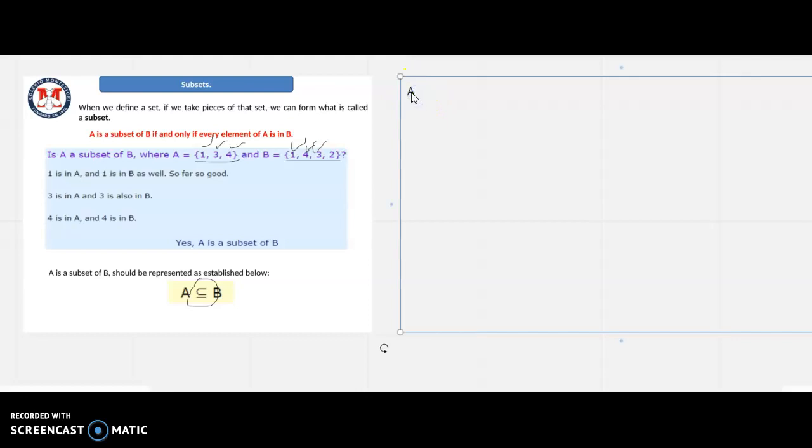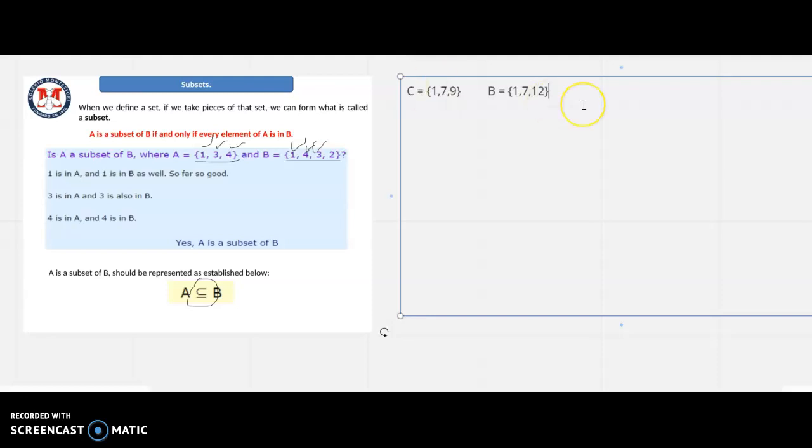If we have, for example, a set like C equals {1, 7, 9}, and we have B equals {1, 7, 12}.